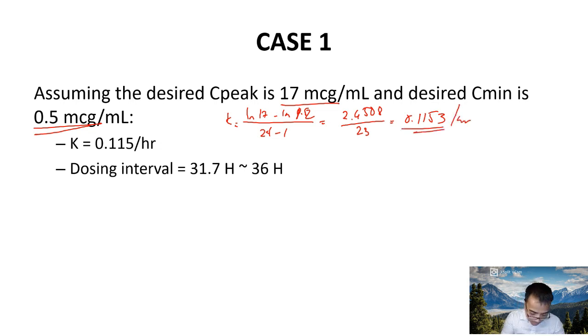So that's the actual K. When you compute for the dosing interval, just use again the formula that we mentioned a while ago. What comes out, class, is approximately 31.6, about every 1.5 days.